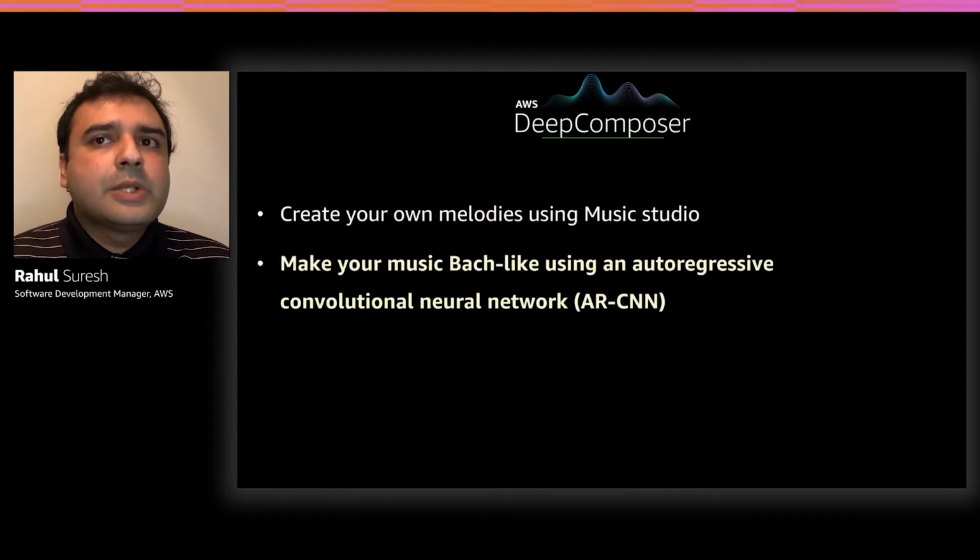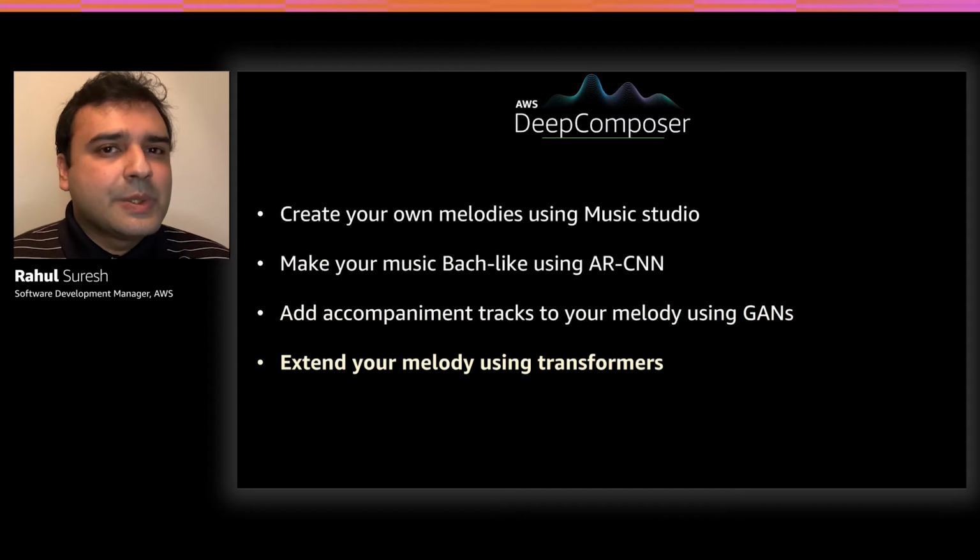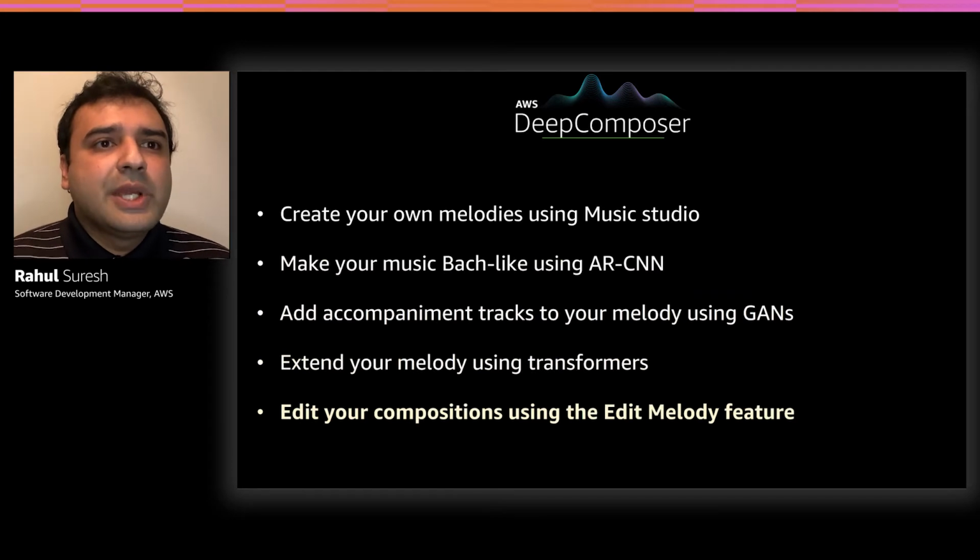Then, it allows you to make your music more Bach-like using an autoregressive algorithm called ARCNN. It allows you to add accompaniment tracks or instrument tracks to your melody using GANs. It allows you to extend your melodies using transformers. And finally, it lets you edit your compositions using the Edit Melody feature.